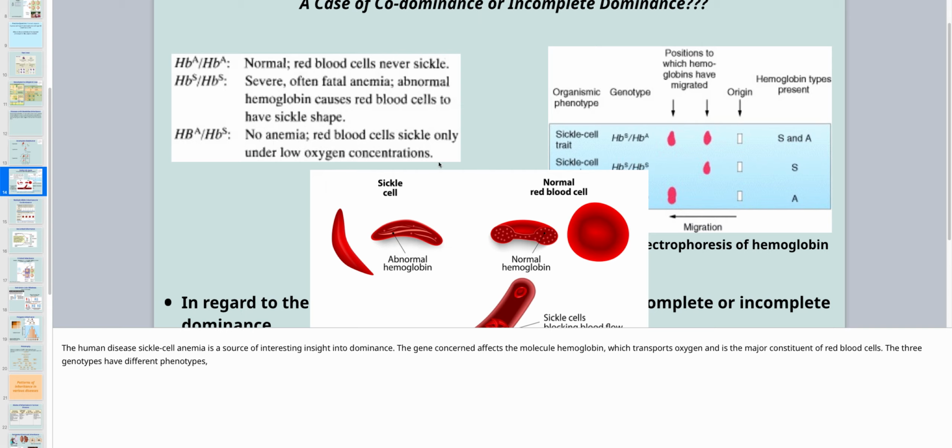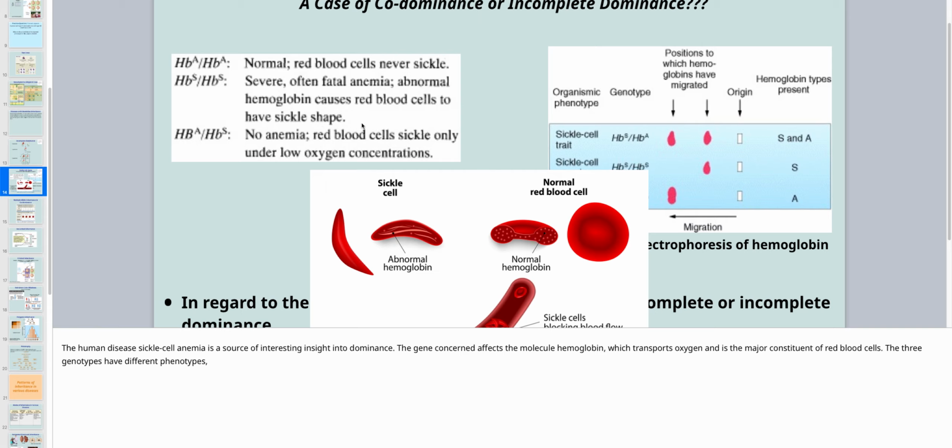But if their body were exposed to particularly stressful conditions, like rising to a high altitude, climbing Mount Everest, they're more prone to have their red blood cells sickle than a normal person.